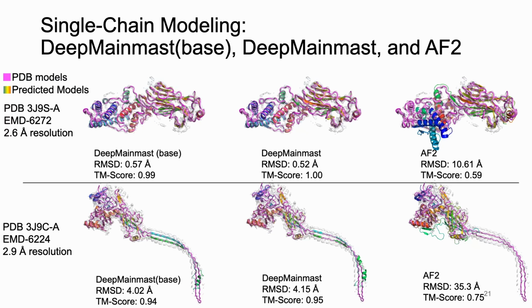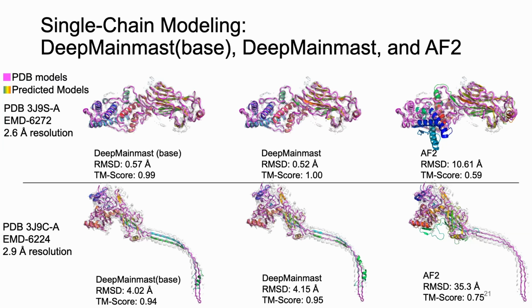AlphaFold2 models have a closed form, so the domains are closed. But DeepMainmast can build the open form structure, because DeepMainmast takes the correspondence between each position and the density map. Then that can give a new structure.